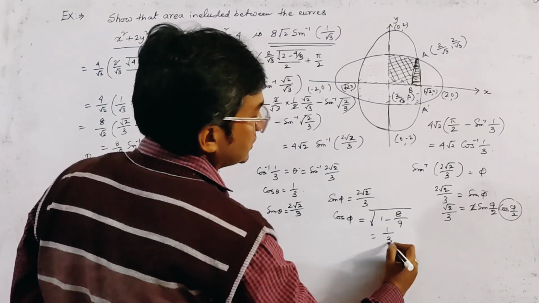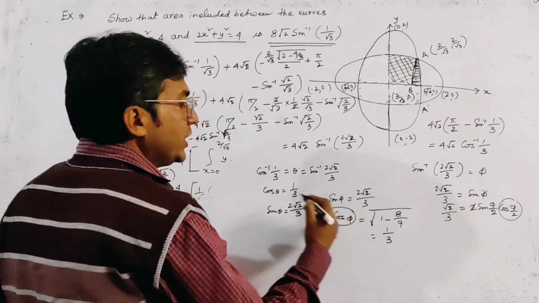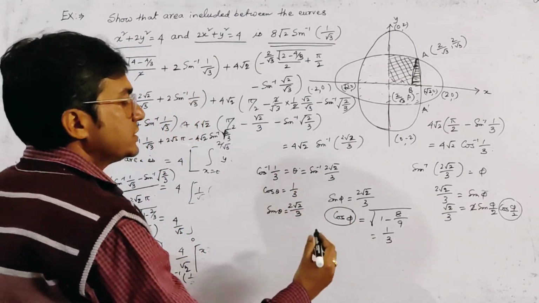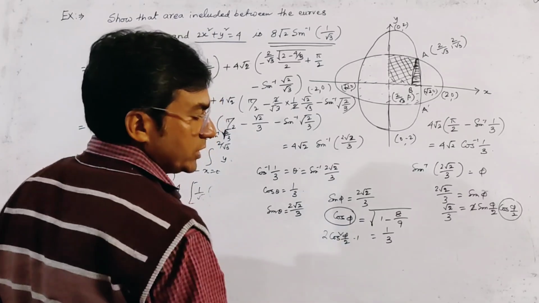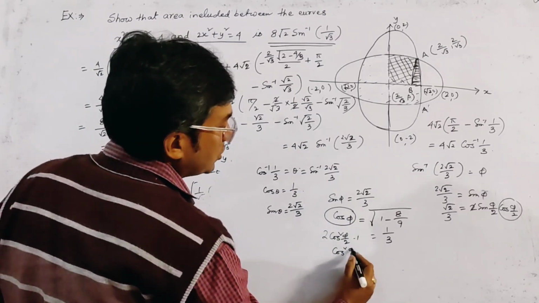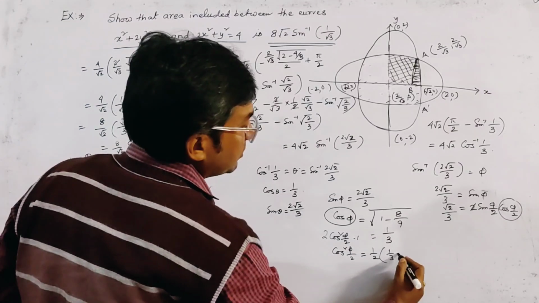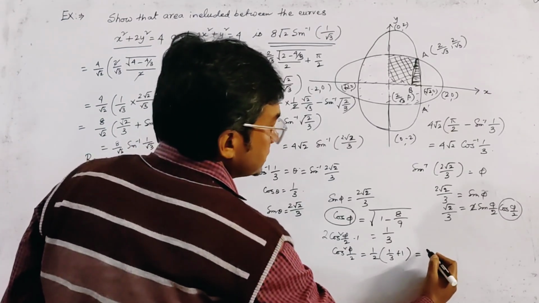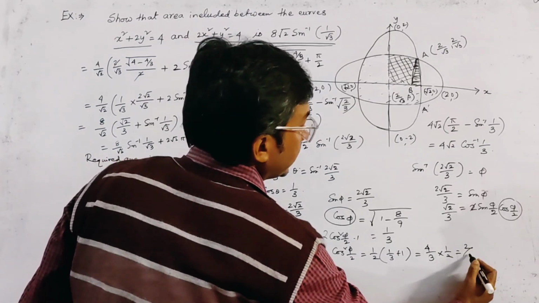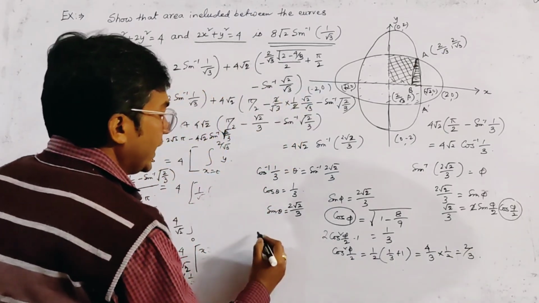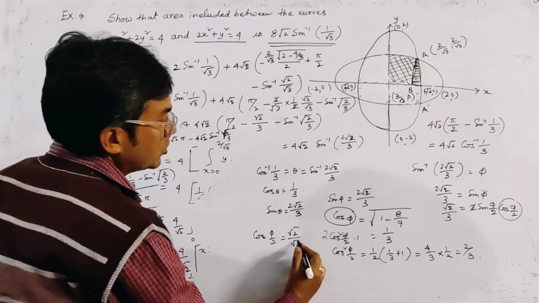Cos phi is equal to root under 1 minus 8 by 9, so this is 1/3. Now using the formula cos phi equal to 2 cos square phi by 2 minus 1, we get cos square phi by 2 equal to half into 1/3 plus 1. So this is 4 by 3 into half, that is 2 by 3. And that is cos phi by 2, equal to root 2 by root 3.